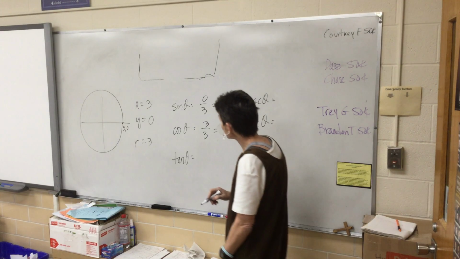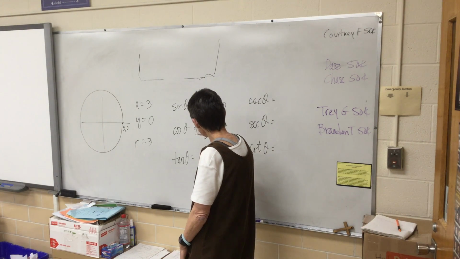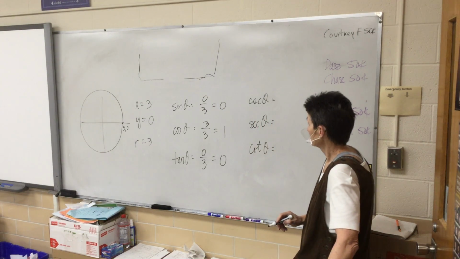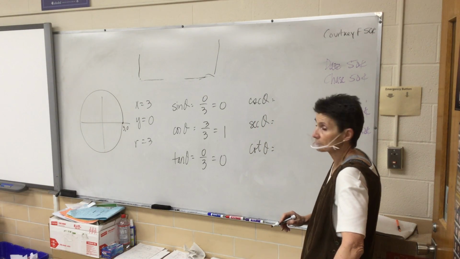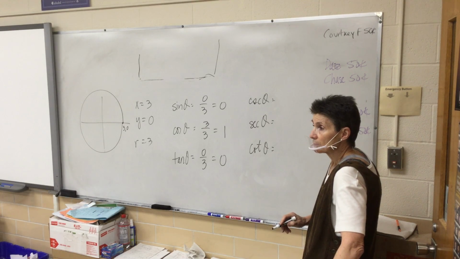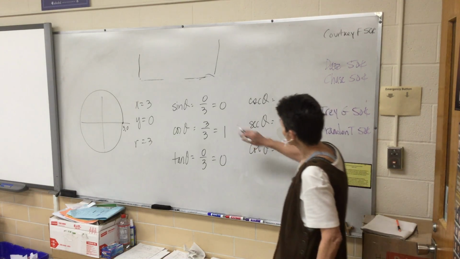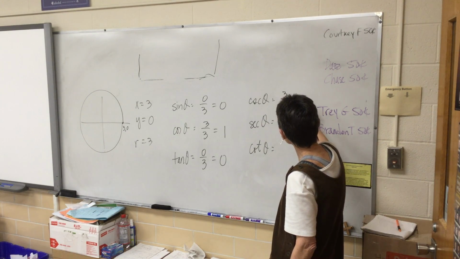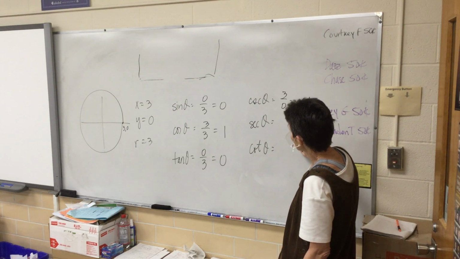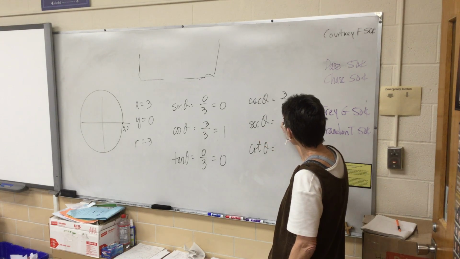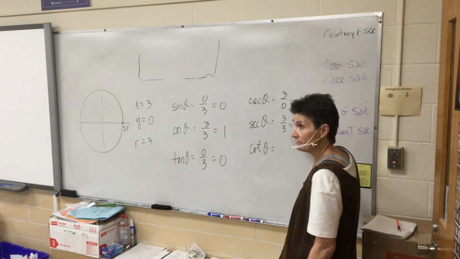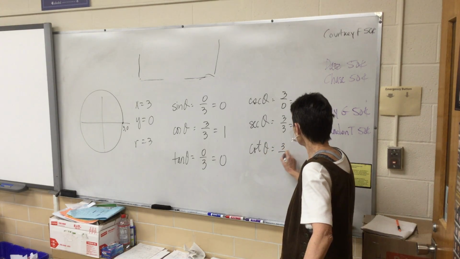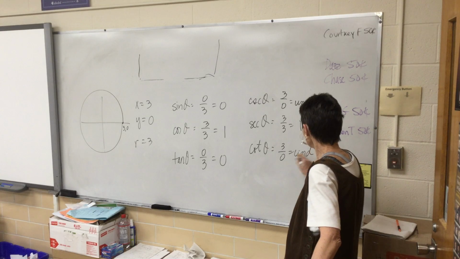And tangent is y over x, or 0. So now we start flipping, so for cosecant, we get 3 over 0, so that's undefined. For secant, we get 3 over 3, so that's 1 again. And for cotangent, we get 3 over 0, so we get another undefined.